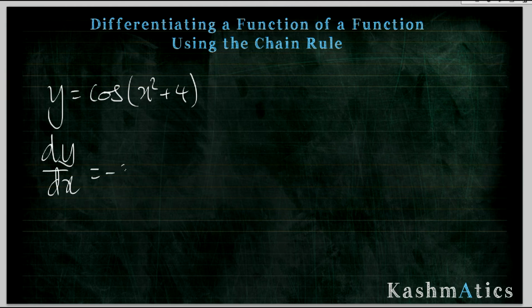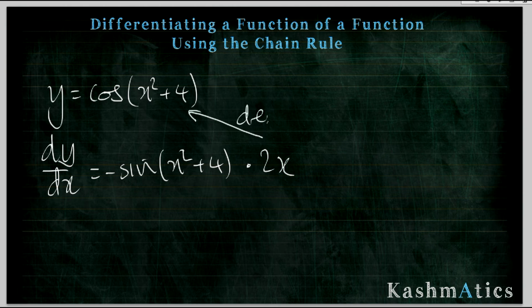Okay, so it'd be minus sine of whatever it was, so x squared plus 4. And all I need to do then is multiply it by the derivative of what that something is. So this was cos something, which becomes minus sine something. So we need to differentiate the something. So we multiply it by 2x. So this is the derivative of this bit.